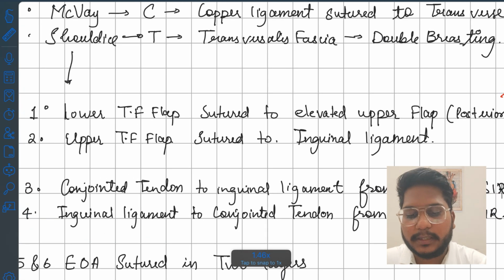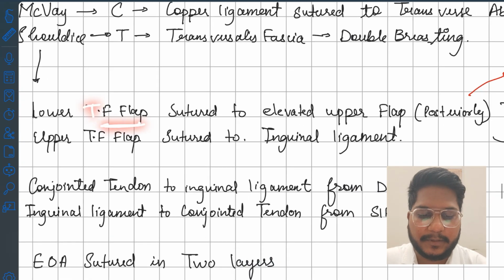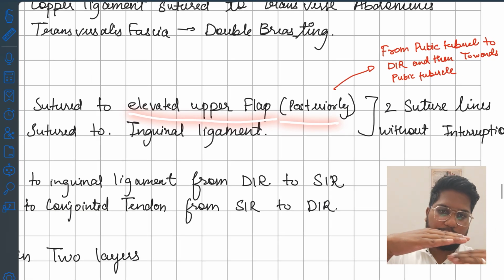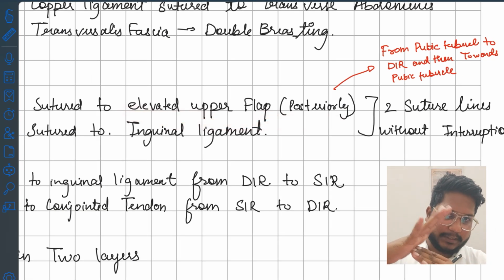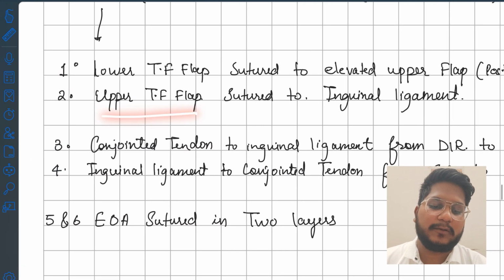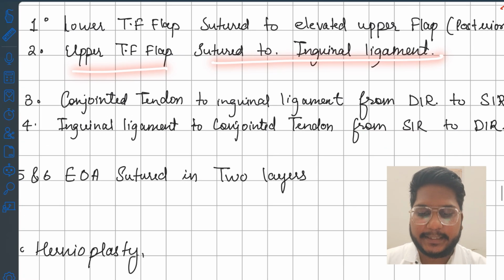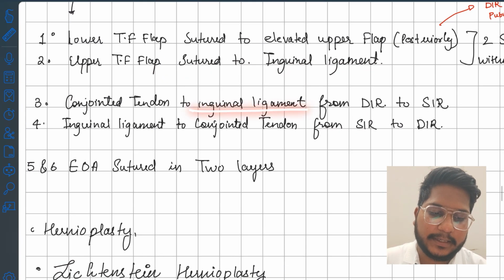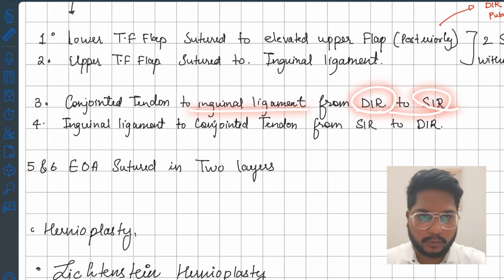First, the lower transversalis fascia flap is sutured to the elevated upper flap, which is done posteriorly. We suture the lower layer first, then the second layer is the upper layer, the upper TF to the inguinal ligament. Next, the conjoint tendon is sutured to the inguinal ligament from DIR to SIR, from deep to outside.